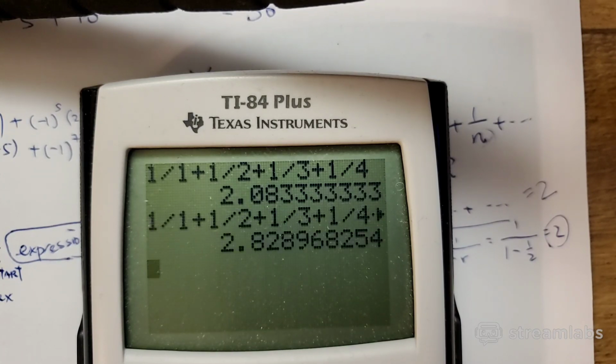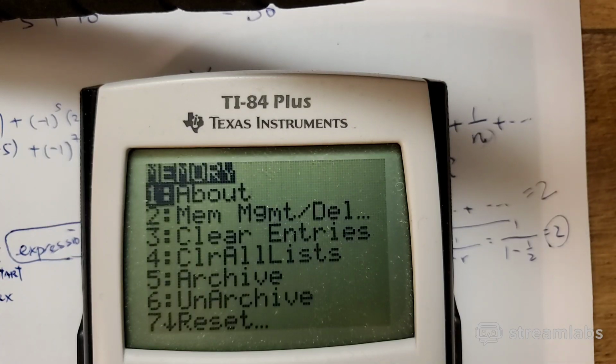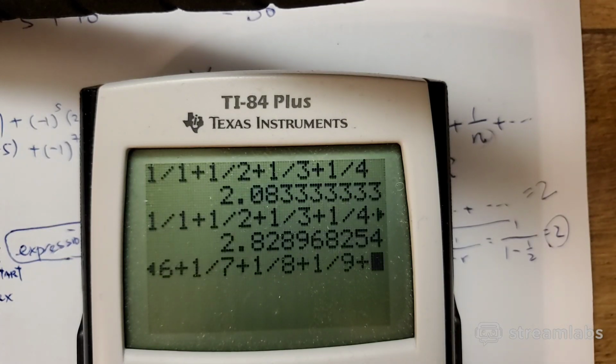All right, 2.8. Oh, doesn't that feel like it's going bigger? Let's keep going. Plus 1 over 10, plus 1 over 11 plus 1 over 12 plus 1 over 13 plus 1 over 14.